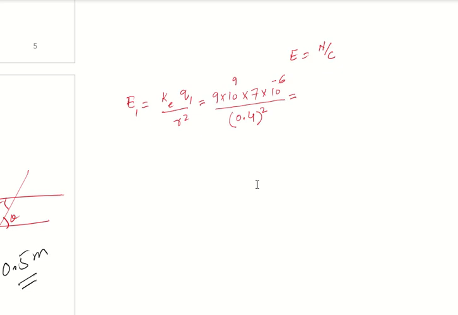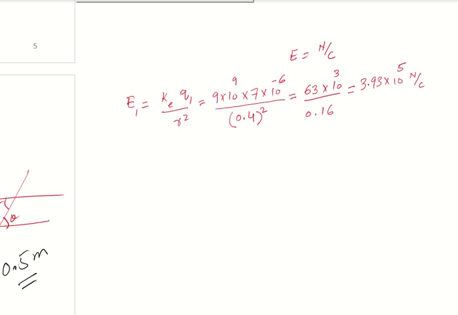So that would be 63 into 10 raised to the power 3 divided by 0.16. Using a calculator, you will get 3.93 into 10 raised to the power 5 Newtons per Coulomb.